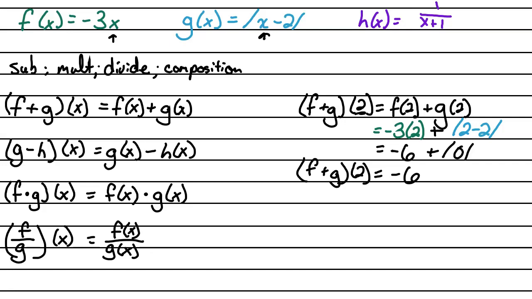I would literally just plug in the 2 for the x values of each individual function. The ones you have to really pay attention to as far as order are subtraction and division, because it will matter which one is numerator or denominator, which one is first and which is second. For example, if I have f minus h of 2, that's saying take f of 2 minus h of 2.